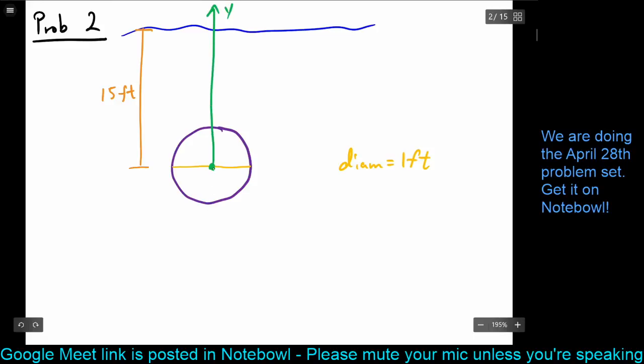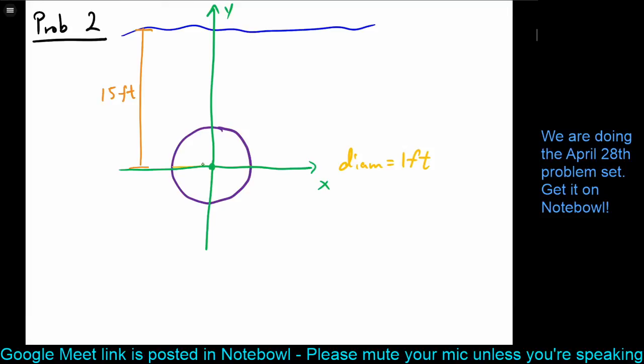So this is the y-axis. I want this right here to be the x-axis. Now you might ask, why do I do something like that? Well, if I don't do that, the equation for this circle is actually quite a bit trickier. But if I make the center of my coordinates right here, the equation for the circle becomes quite easy.